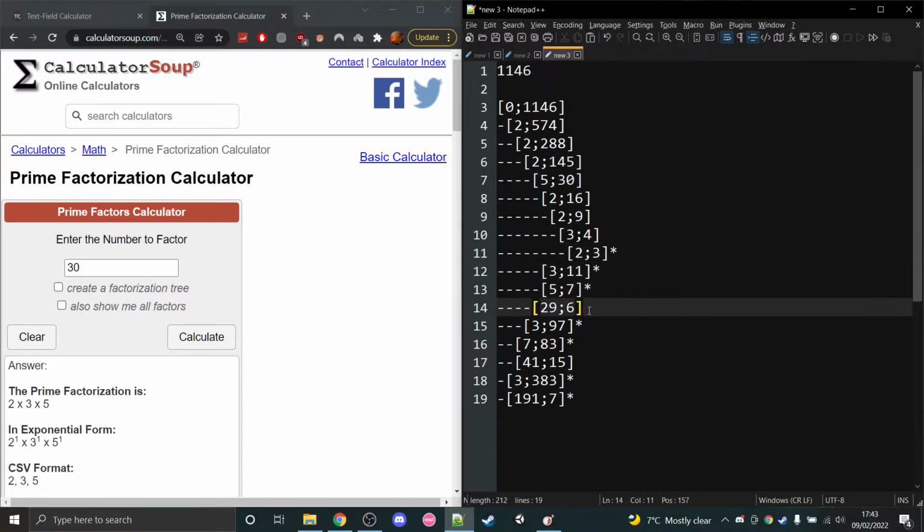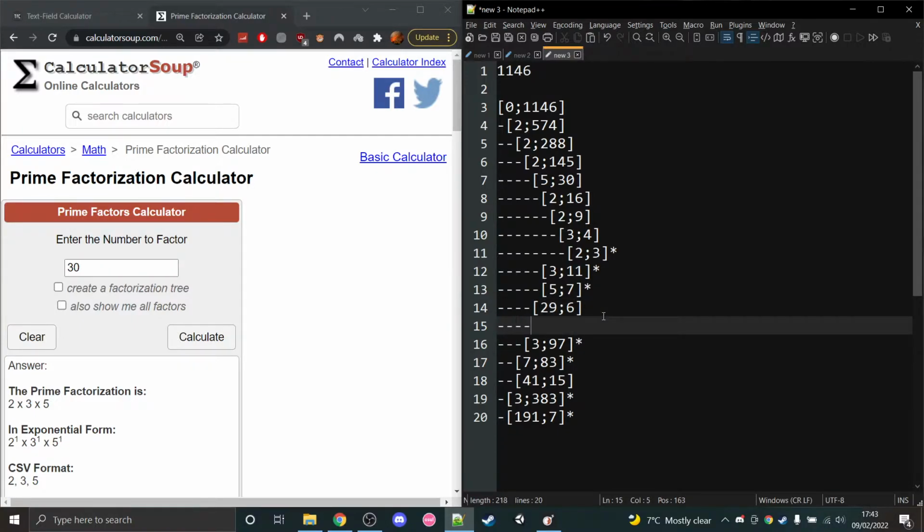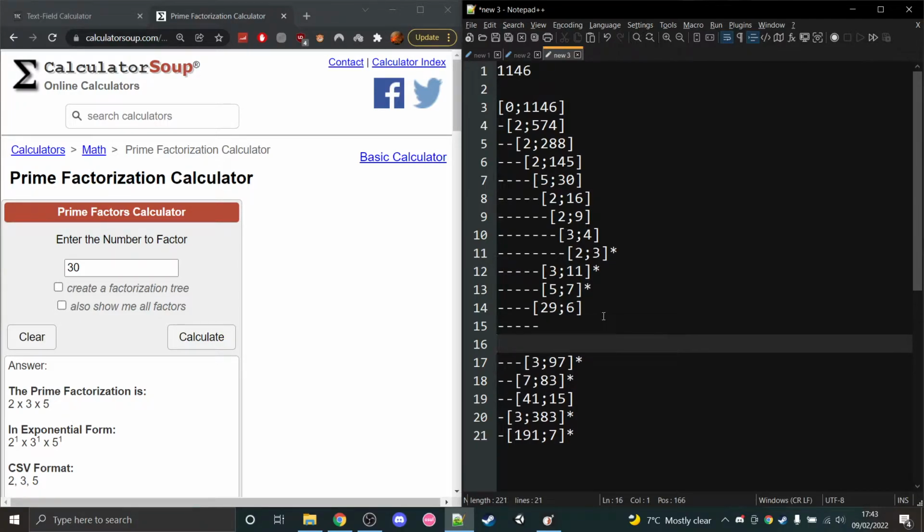Let's go down the list and find the next one in order that has not had its children generated, which is this one. 6 has only 2 prime factors, 2 and 3. They multiply together to make 6. So 6 divided by 2 is 3, plus 1 is 4.